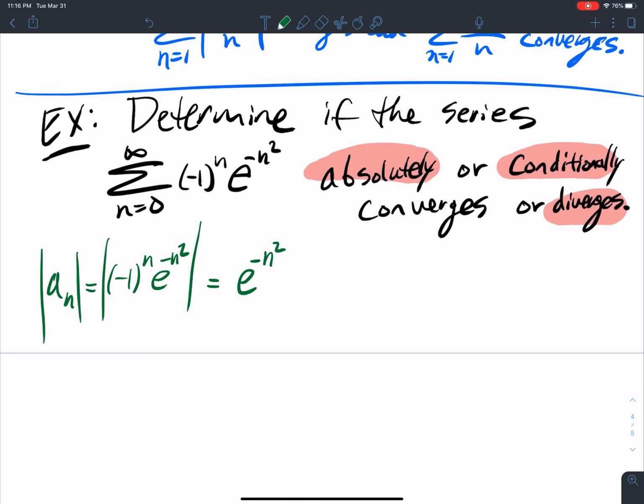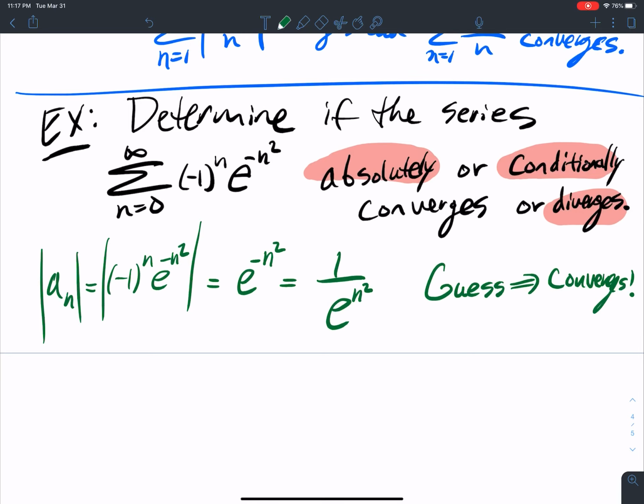And so what does this equal? This is 1 over e to the n squared. Now 1 over e to the n squared, this is an exponential on steroids, right? So it's not 1 over e to the n, but 1 over e to the n squared. All right, so I'm going to guess converge. I think I'm okay with that guess.